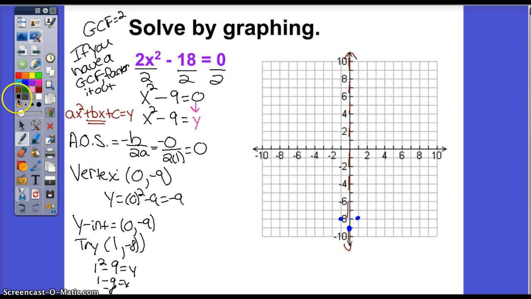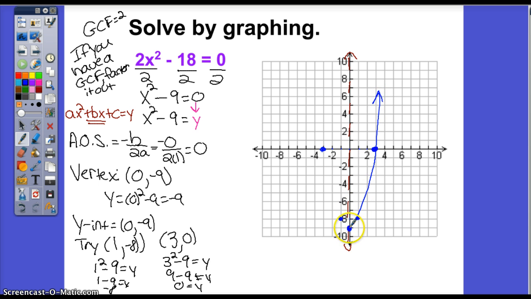So I'm going to try 3 comma something, see what comes out. And if you can look, you know that it's x squared, so 3 squared minus 9 equals y. I don't know about you, but I'm starting to see that 9 minus 9, if that equals my y, it's definitely going to be 0. So I found the 3, 0. So I go to 3 comma 0, and then I do my axis of symmetry, 1, 2, 3, 1, 2, 3, and I found my zeros here.